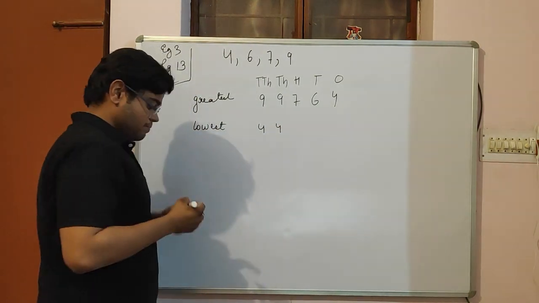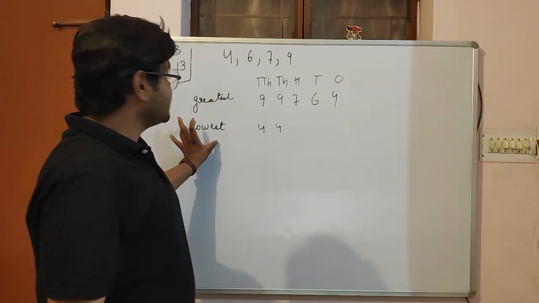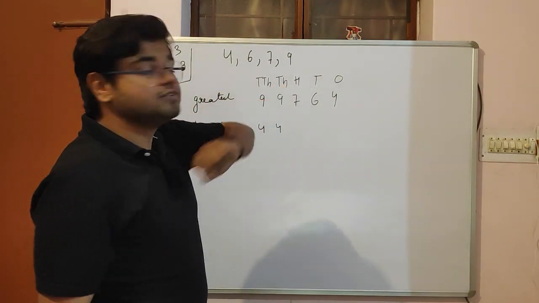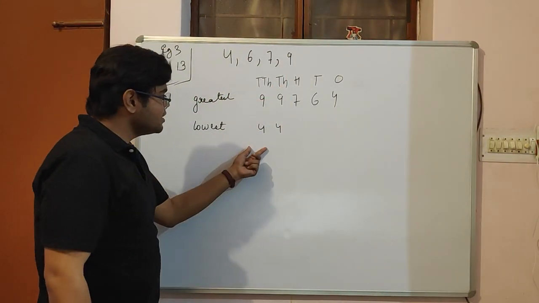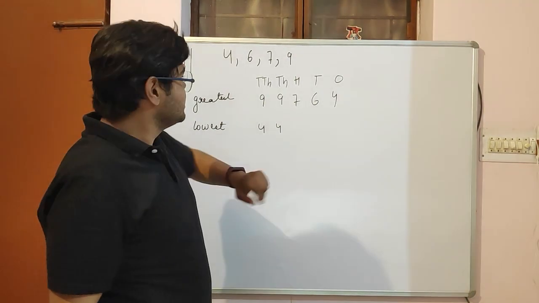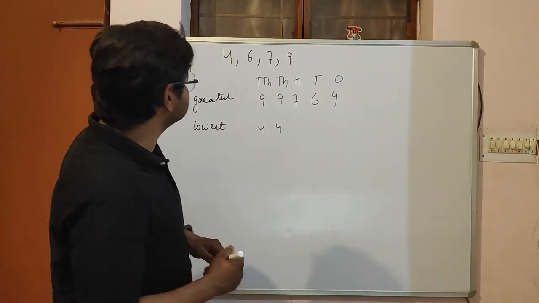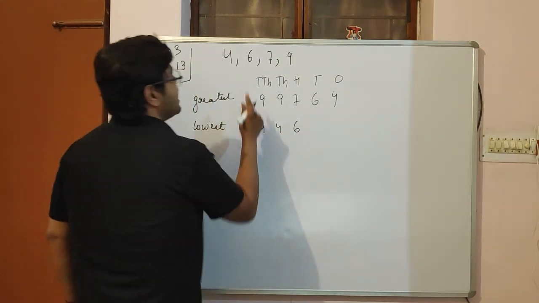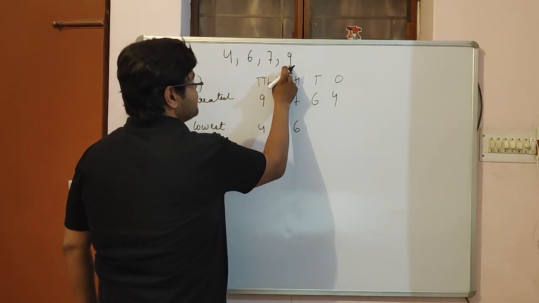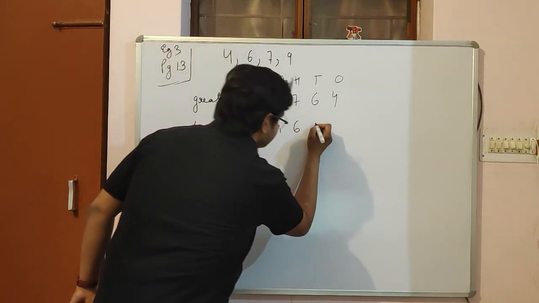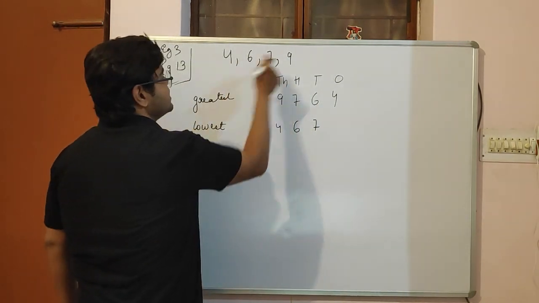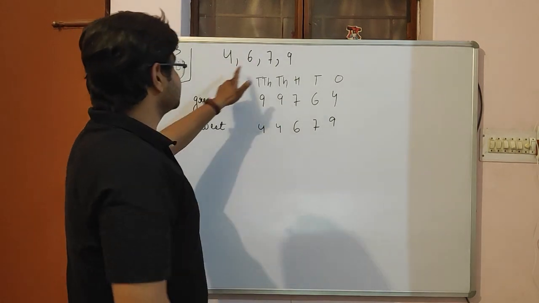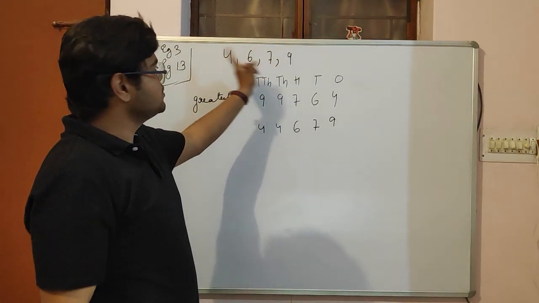Because we are writing the lowest 5-digit number out of these 4 digits. So 4, again 4. Now after 4, which is the smallest digit? In 6, 7, 9 we have 6. After 6 we are left with 7, 9. Which one is smaller? 7. And after 7, 9.